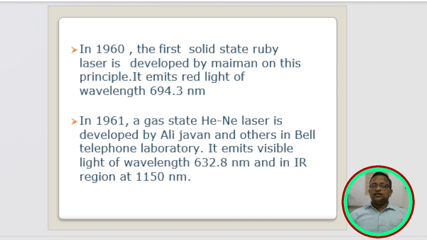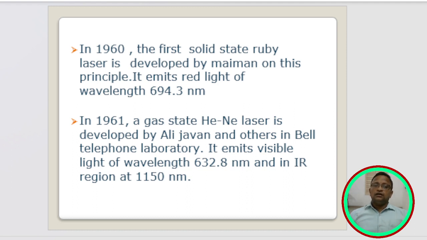After that, in the 1960s, the first solid-state laser, known as the ruby laser, was invented by the scientist Maiman. It emits red light in a wavelength region of 6943 angstroms.